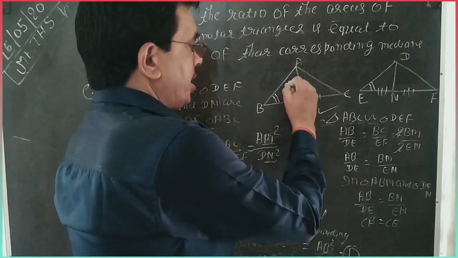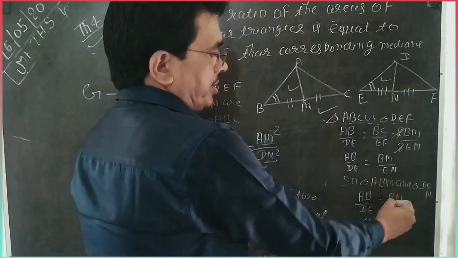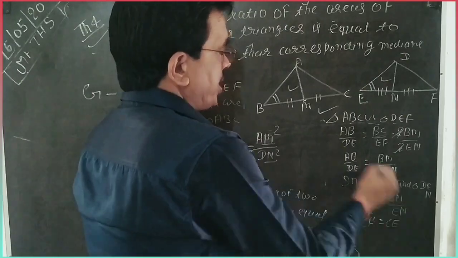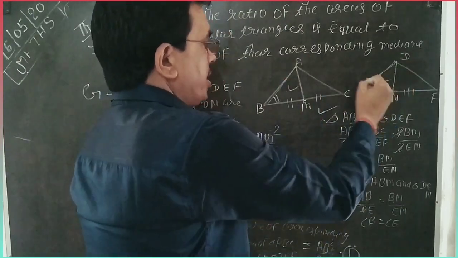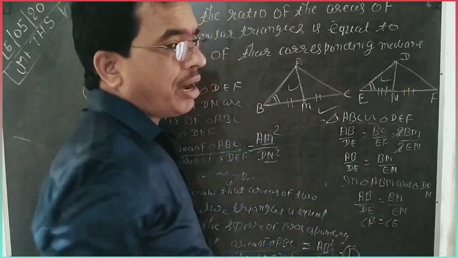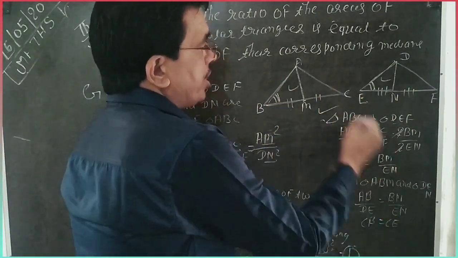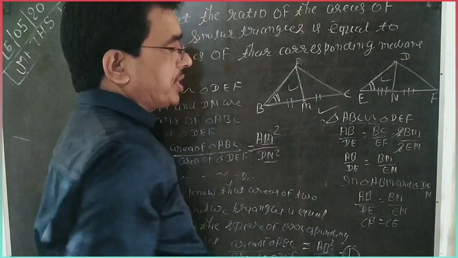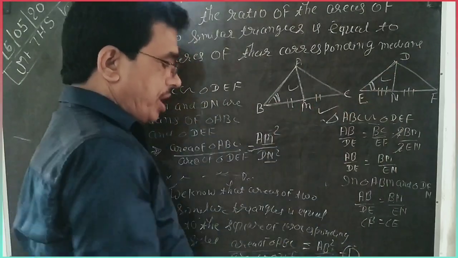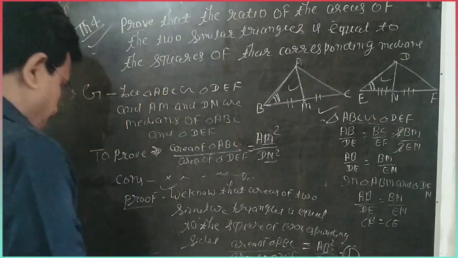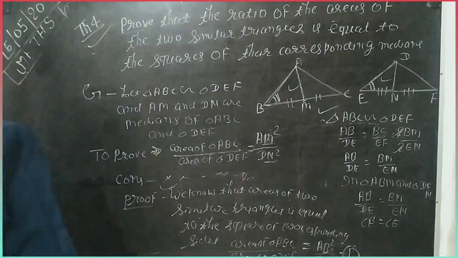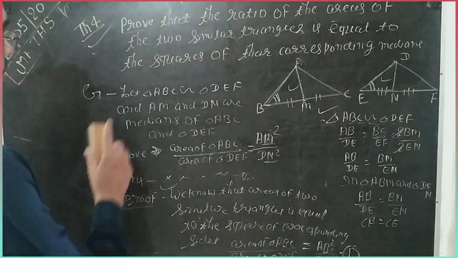Now in triangle ABM and triangle DEN, AB by DE and BM by EN are given, and angle B is equal to angle E. Already triangles ABC and DEF are similar, so B and E are corresponding angles. Because all angles are equal, it is equiangular.